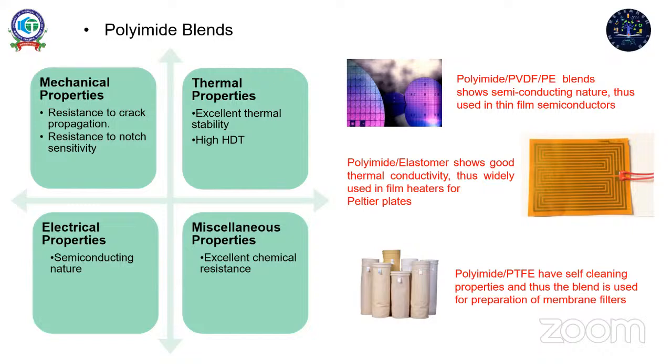These polyimide blends have high thermal stability with high chemical resistance, and due to their semiconducting nature, they are used in thin film semiconductors. And these blends, when blended with elastomers, show good thermal conductivity. That is widely used in film heaters for Peltier plates, as you can see in this picture.